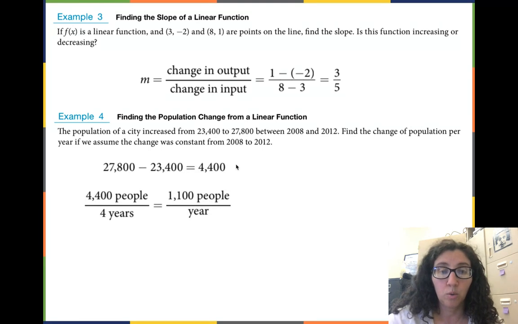So we could find the change in population, or the change in y, which is 27,800 minus 23,400. We get this number. So our change in y is 4,400 people over our change in x, which is 4 years, right? 2012 minus 2008, which we can simplify. The population is growing by about 1,100 people per year.